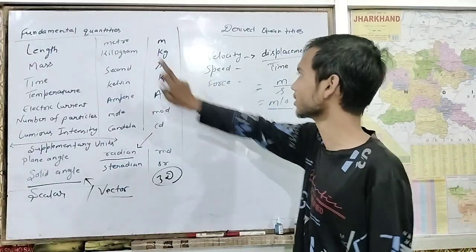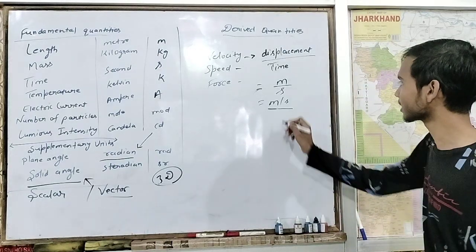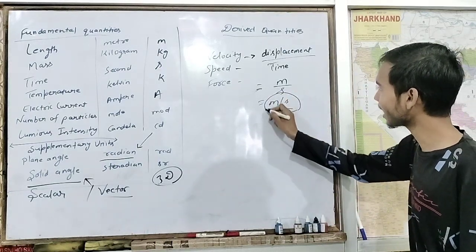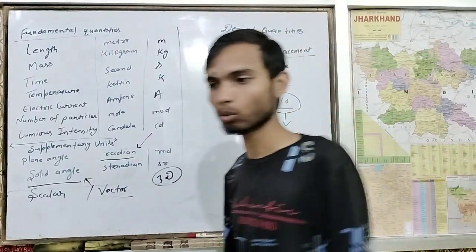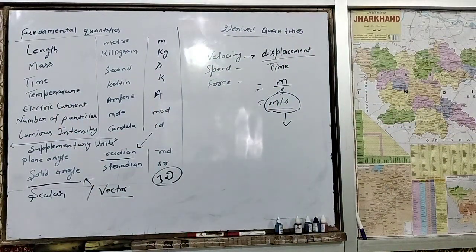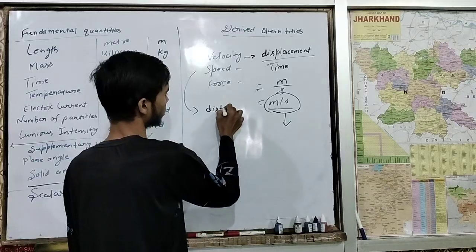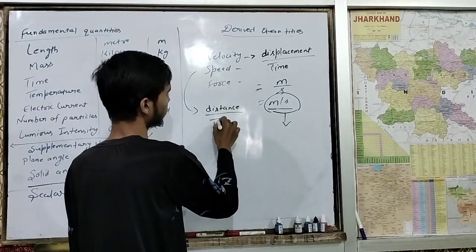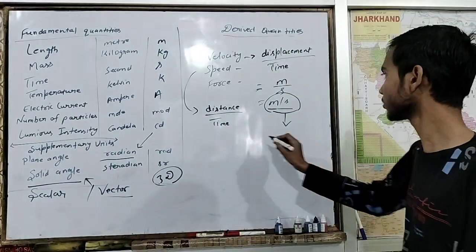Meter and second are fundamental quantities, and by using them it created another quantity, velocity, which is a derived quantity because it was created using fundamental quantities. Clear? Distance upon time is also the same, meter per second.